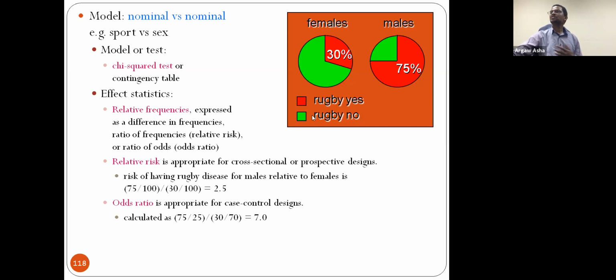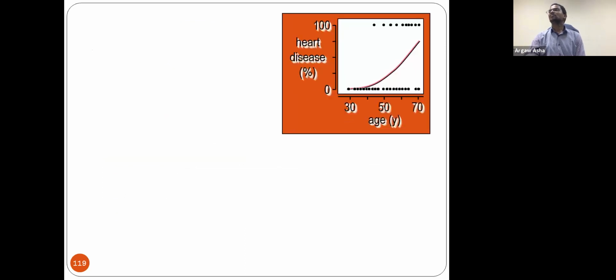If you use odds ratio, it is 75 to the remaining 25, versus 30 to the remaining 70.